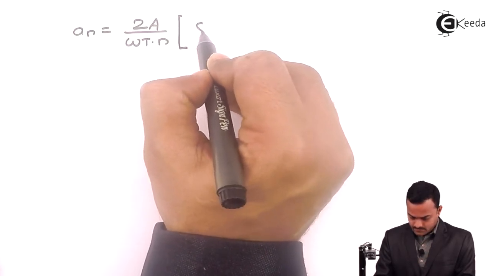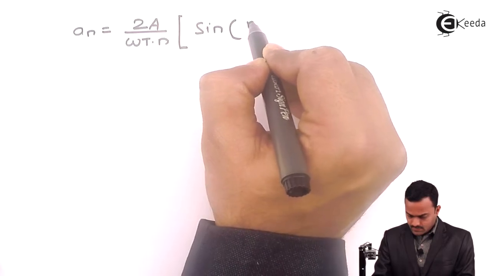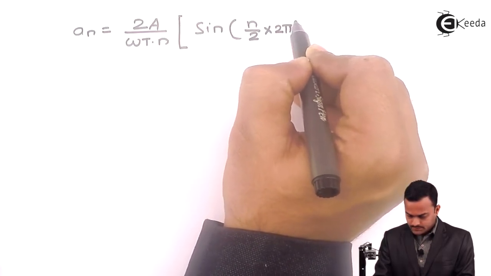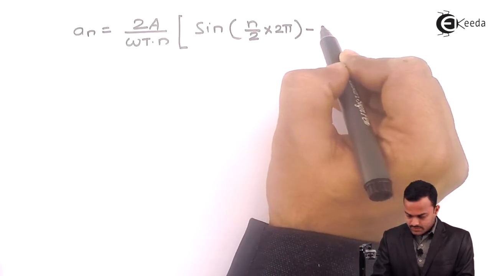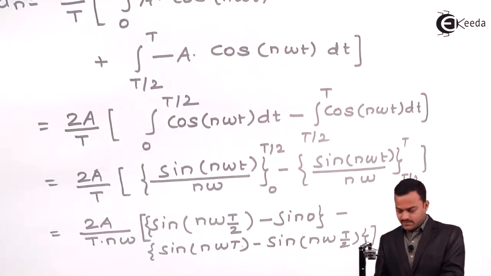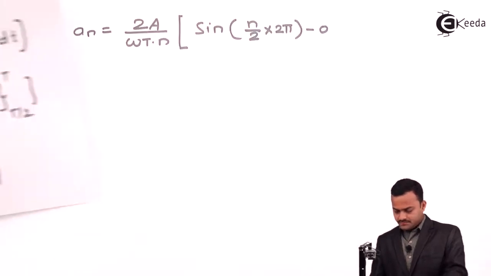We will get sine n by 2 into 2 pi, and sine 0 is 0. And let's open up this bracket with this negative sign by changing signs of all the terms.